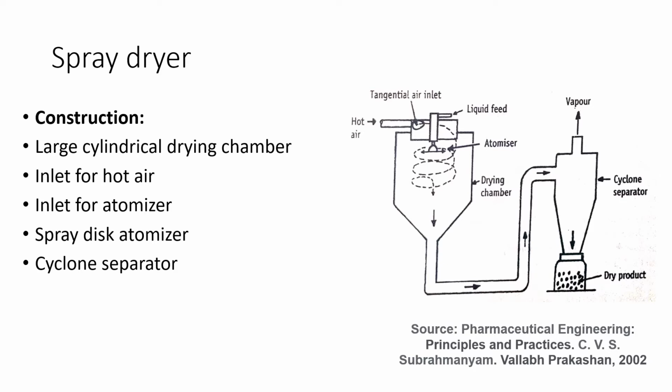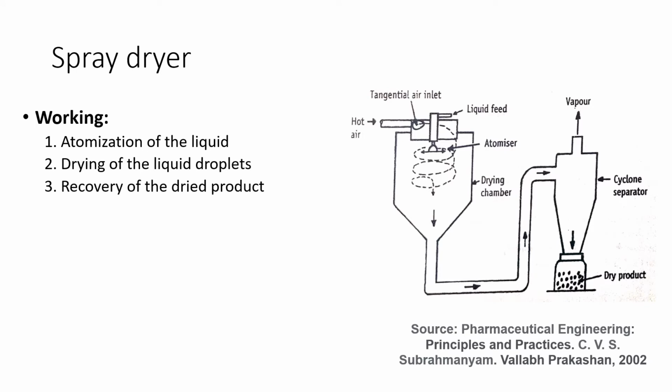If we look upon the working steps, the very first step is atomization of the liquid, which is done with the help of an atomizer. So we have to very wisely choose the atomizer type. It can be a pneumatic atomizer, a spinning disc atomizer, or a pressure nozzle atomizer.